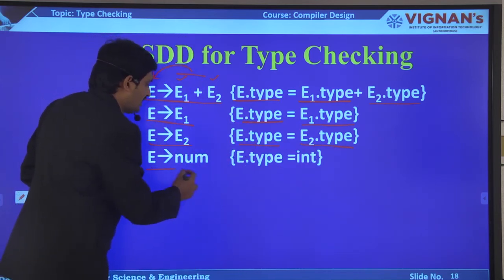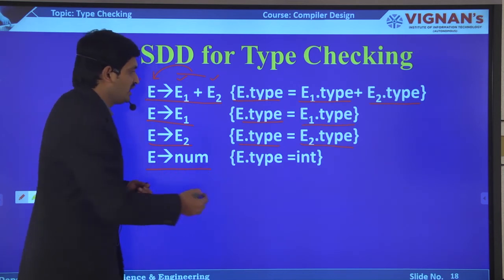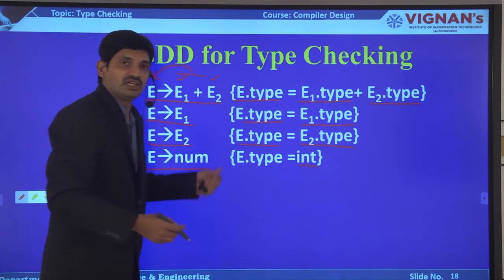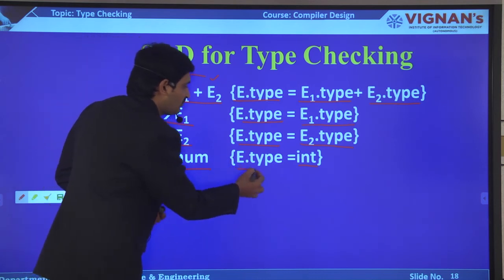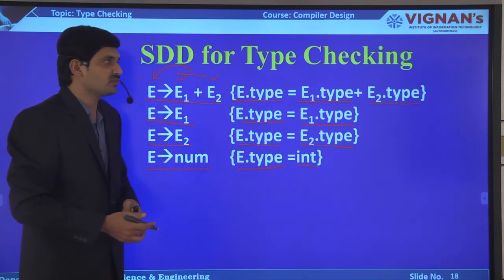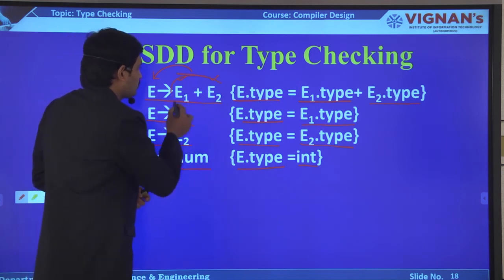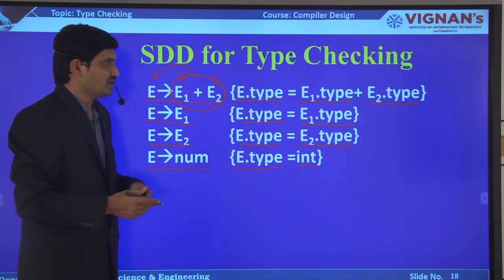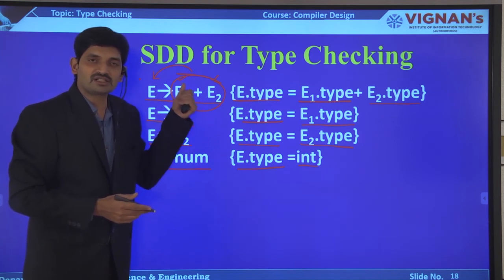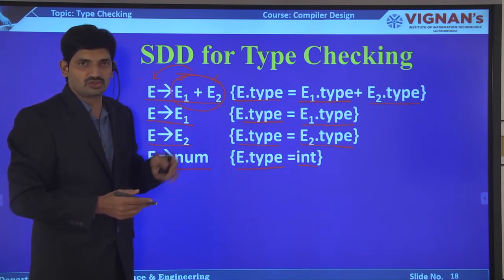Next, finally, E tends to number. Number is nothing but an integer. If E tends to number, the type of E is integer. If I am going to execute this expression, now come to the first one, E1 and E2. We are saying that strictly we are dealing with integers only.